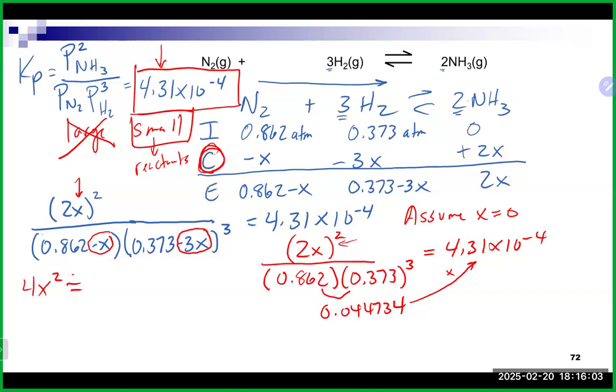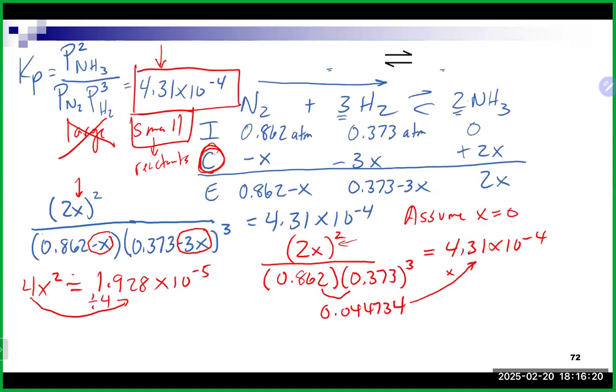All right, we'll go with 1.928 times 10 to the minus 5. We then need to divide by 4. Yeah, we're going to divide 4 to the other side. I'll come up on top so you can see it, hopefully. So we're going to divide it by 4 first.